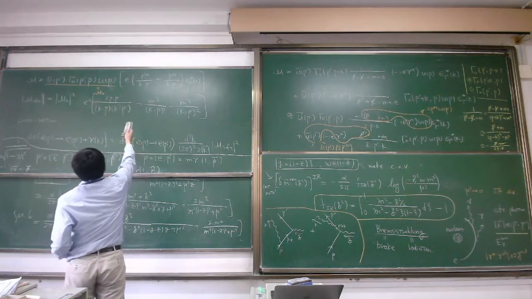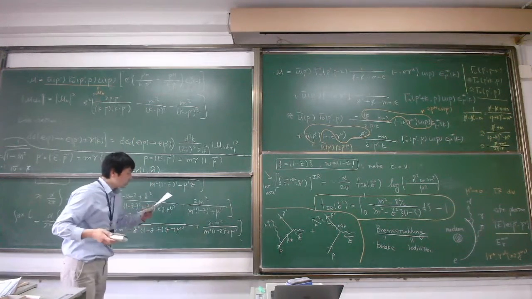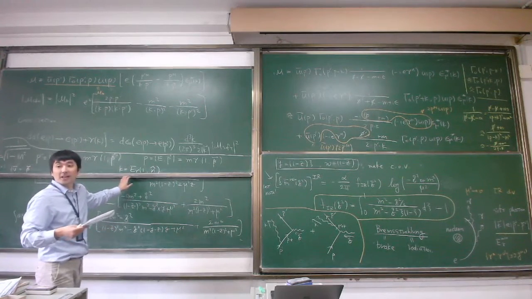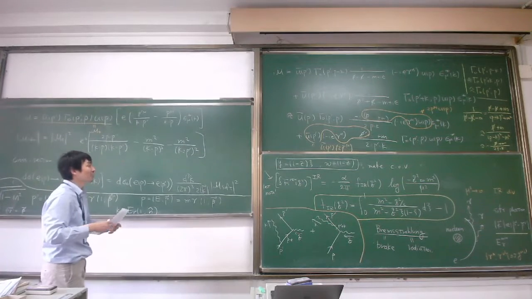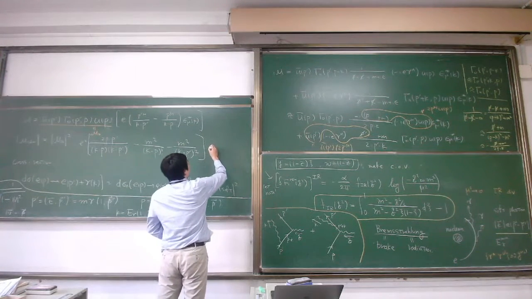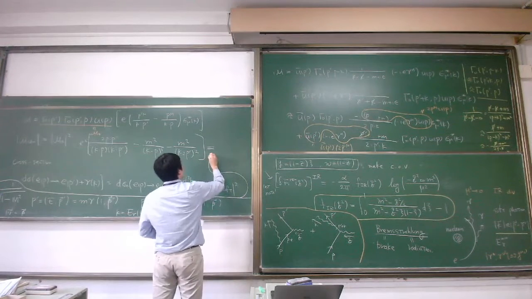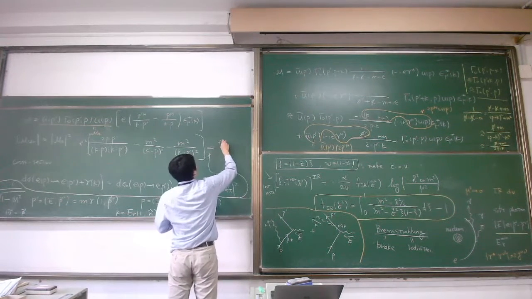If you take this expression, in fact, I'm going to omit the detail, since people are very tired of looking at the calculation. If you plug in this frame of reference, this can be written as follows.